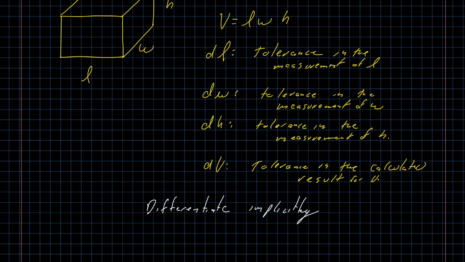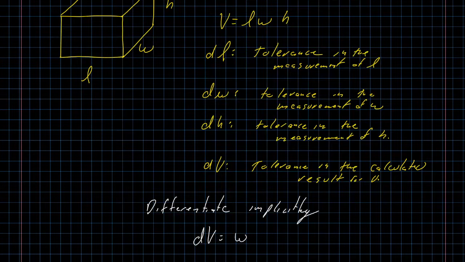the differential of V is dV, and then I have length times width times height. It's the product of three parameters. So I need to use the product rule to take the derivative. The derivative of the first times the others is going to be dL times W times H, but we generally write it with the differential at the end.